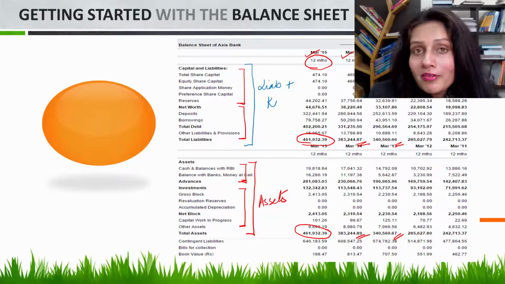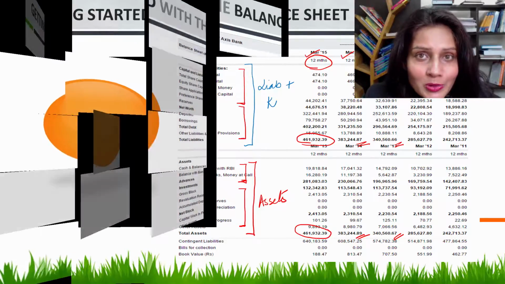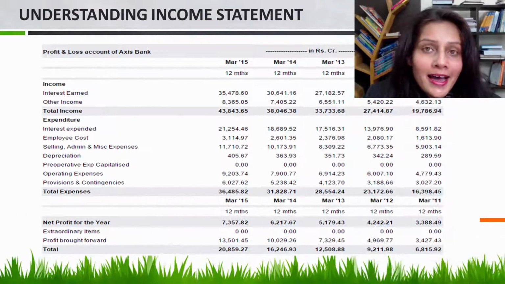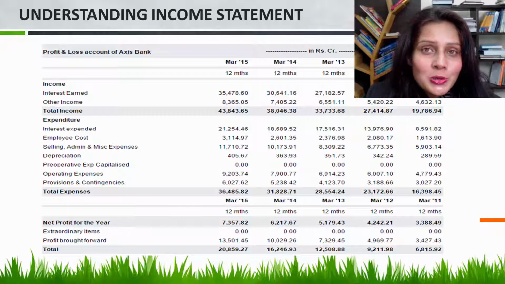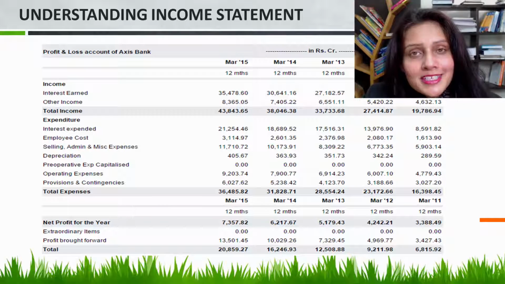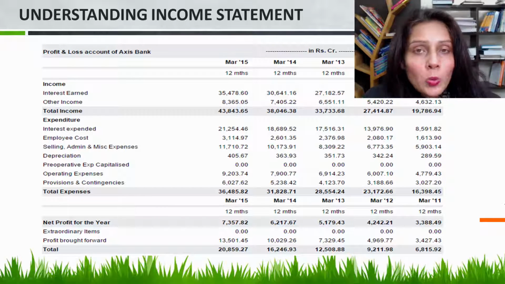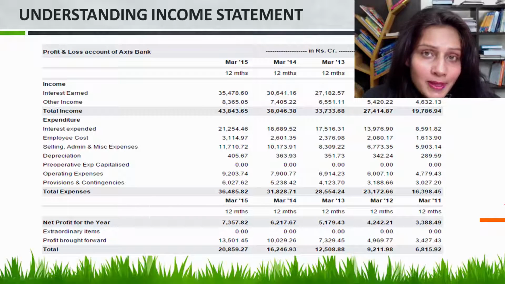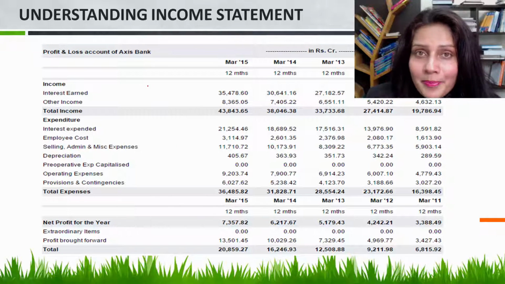Now let's move on to have a quick look at the income statement or the profit and loss account. Here on this slide, I have the income statement of Axis Bank. And again, as you see, just as in the case of the balance sheet, the income statement presented is also for 5 years in succession. While it is not in the format that I explained to you, this one is in a vertical format, but essentially it is still the same.